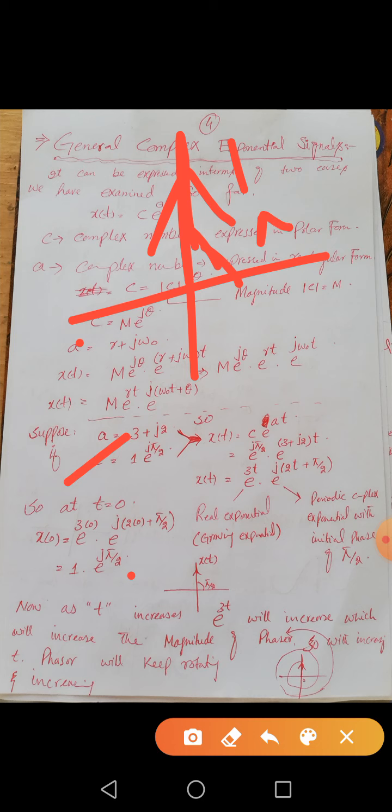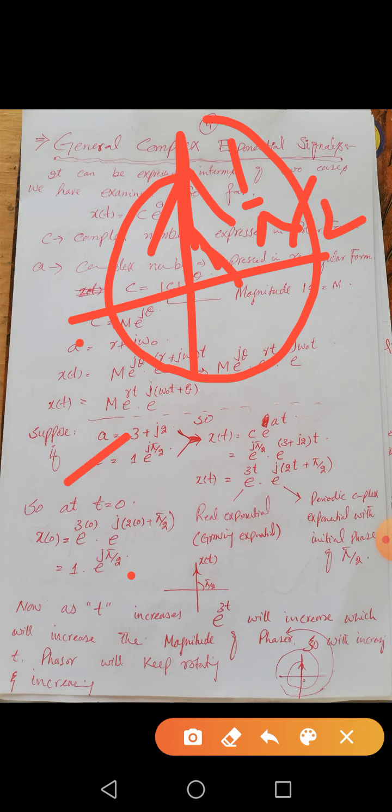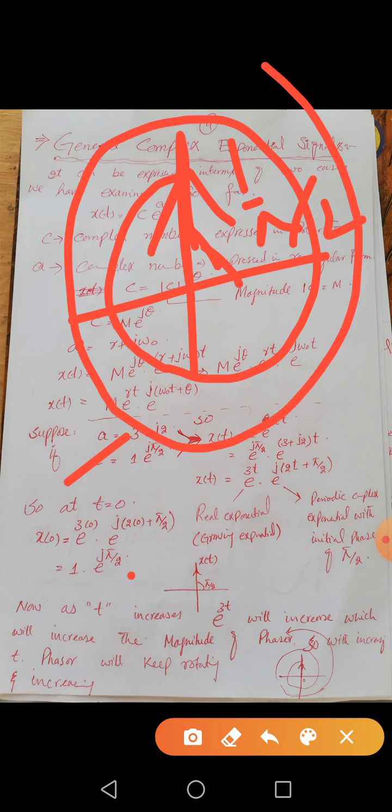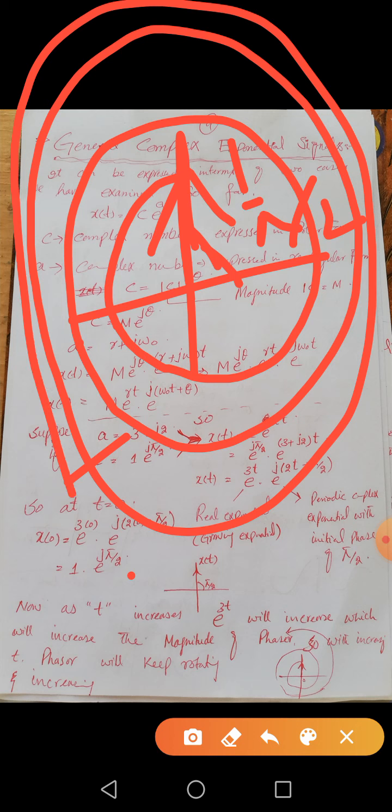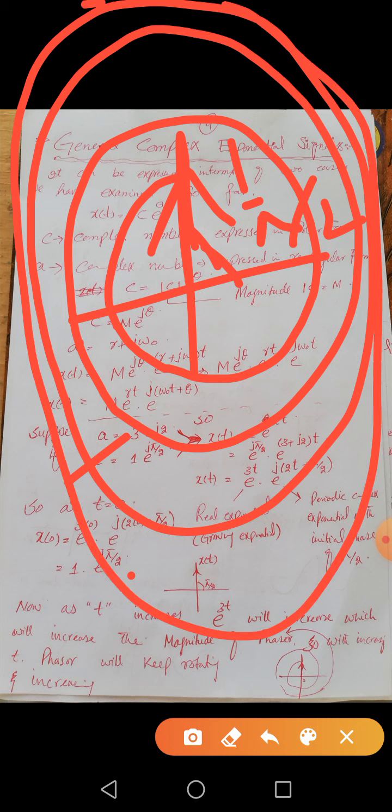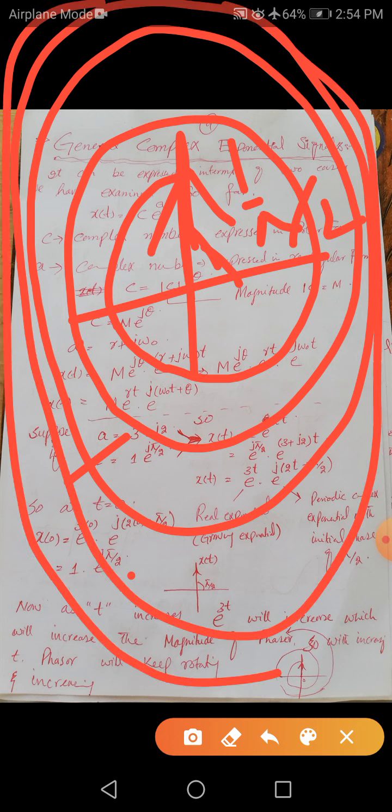This is the pi by 2 angle. As t increases, this exponential will start rotating, and while rotating, its magnitude will also be increasing, because it is being multiplied with e power rt, e power 3t. So its amplitude will be increasing and the phasor will be rotating like this.